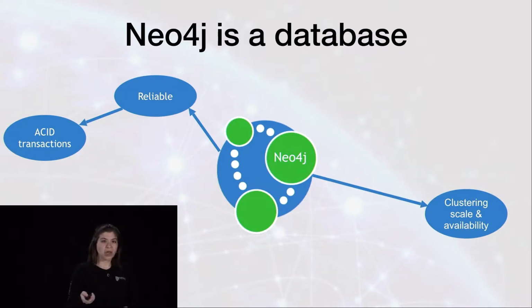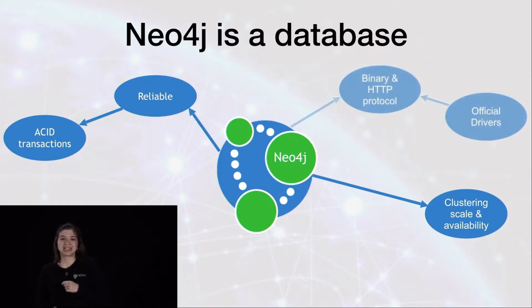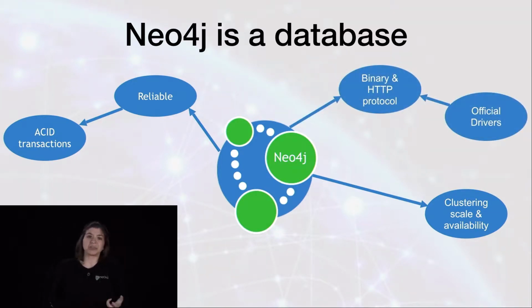it. We also have a variety of ways where you can connect to Neo4j and build things on top of that. So we have our binary and HTTP protocols that allow you to connect to Neo4j, and our drivers that allow you, using the binary and HTTP protocols, to connect to the database. So you can build all sorts of applications on top of that. There's a variety of programming languages you can use with various drivers.